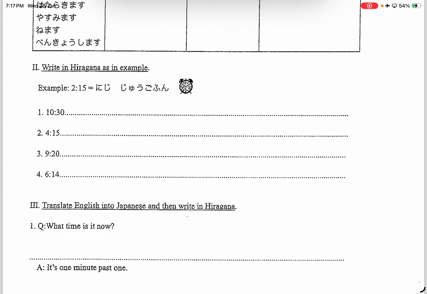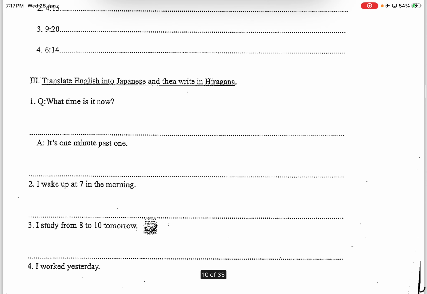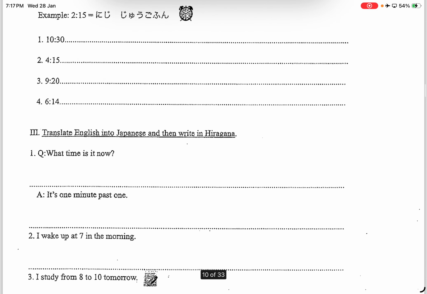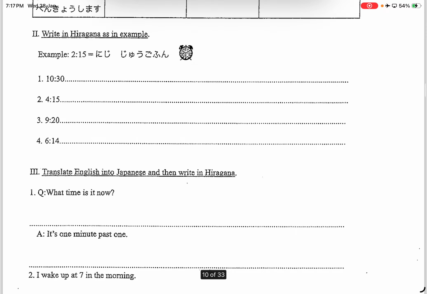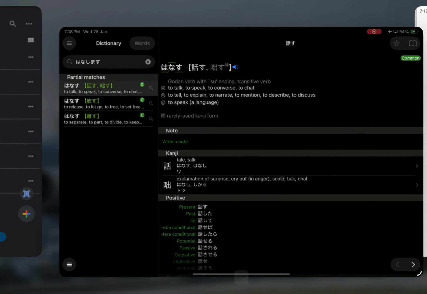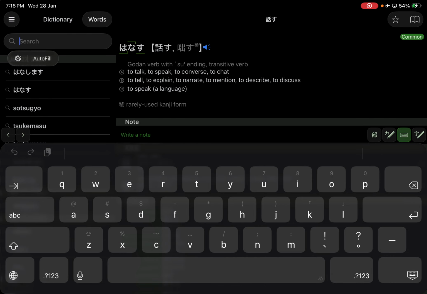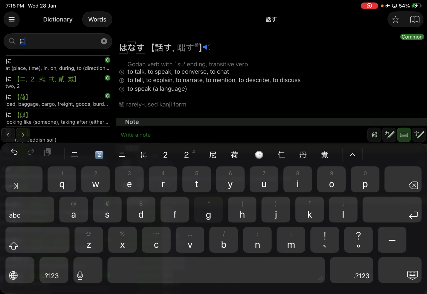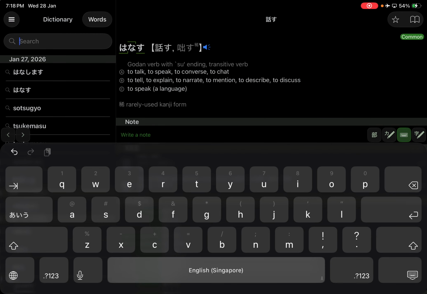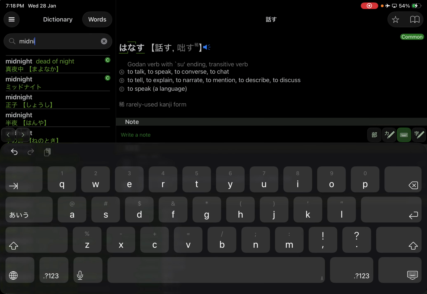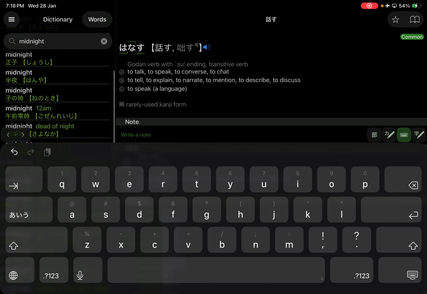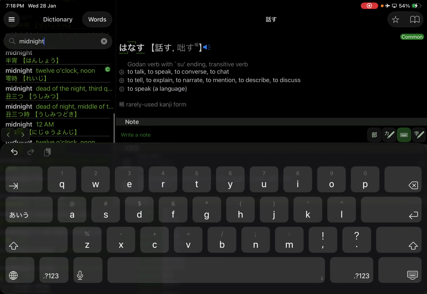Anyone with some special time that you want to ask? Okay, then how do we say 0000? You mean 12 a.m.? Actually, I never say 0000 before.